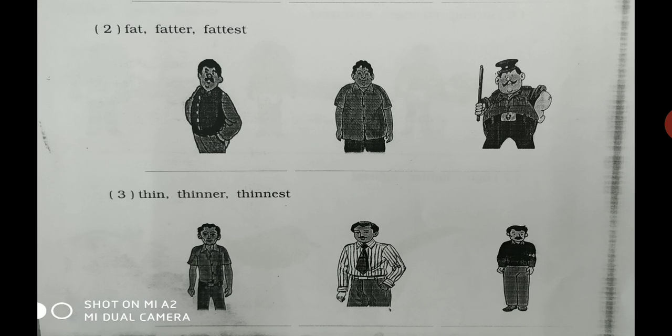So let's start. The next forms of adjective have been given here: fat, fatter, fattest. So we will identify which is the fattest person. The last man is the fattest. So we will write fattest below the last person.